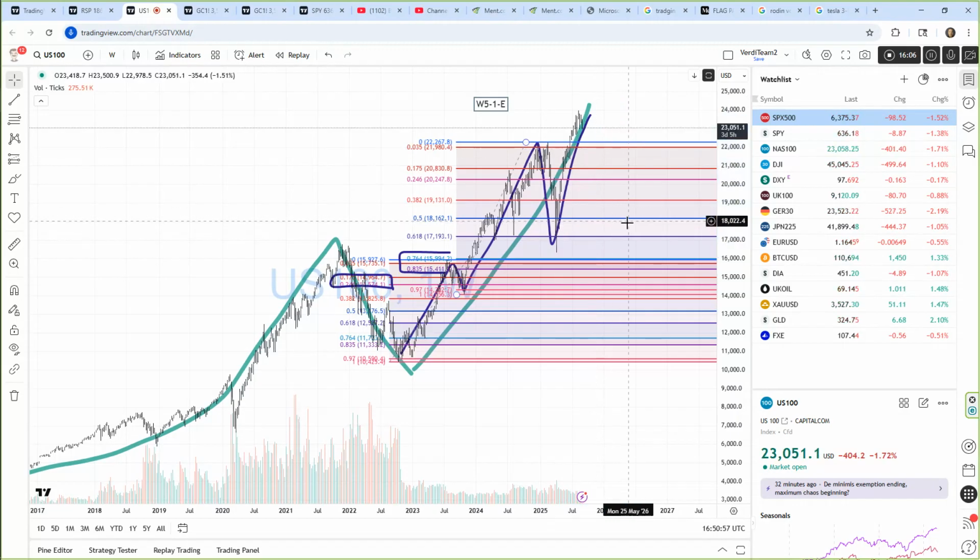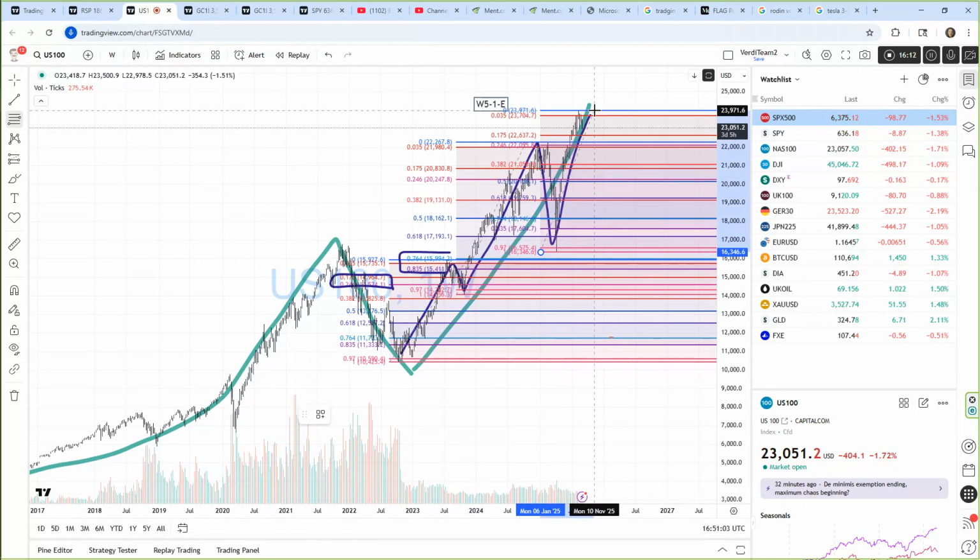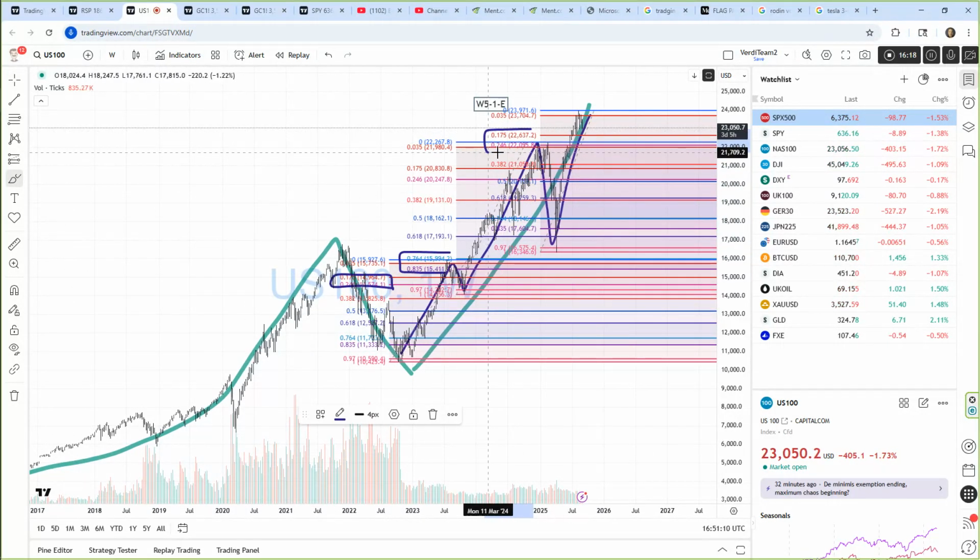So now, again, we draw another Fibonacci retracement from here to here. We've already done this. We have our defense level here. This is weekly, remember, and we have our defense level here.